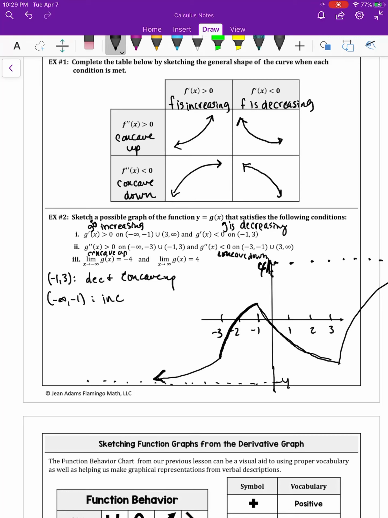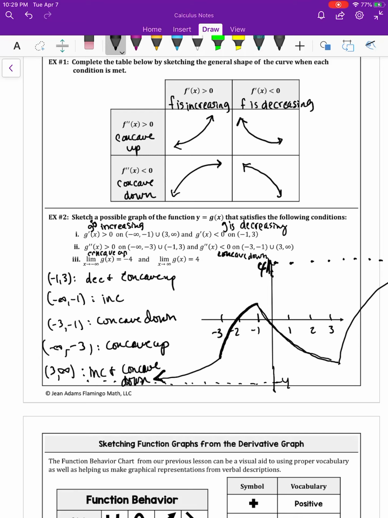I put negative infinity to negative 1 increasing, negative 3 to negative 1 concave down, negative infinity to negative 3 concave up, and 3 to infinity increasing and concave down.